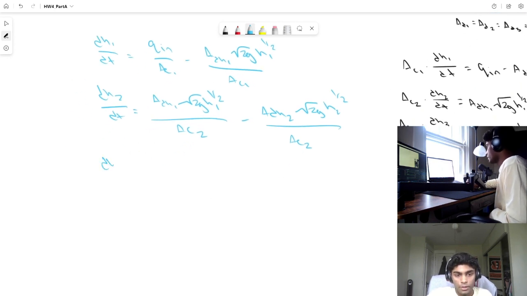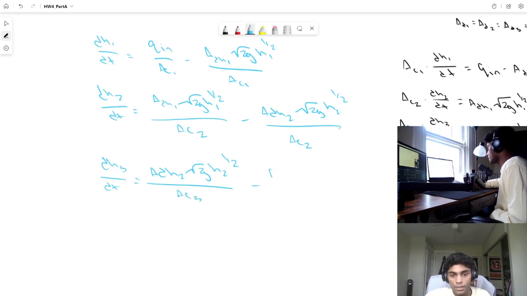And now dH3 over dt equals ADH2 square root 2g h2 to the 1/2 all over AC3 now minus ADH3 square root of 2g h3 to the 1/2 all over AC3.